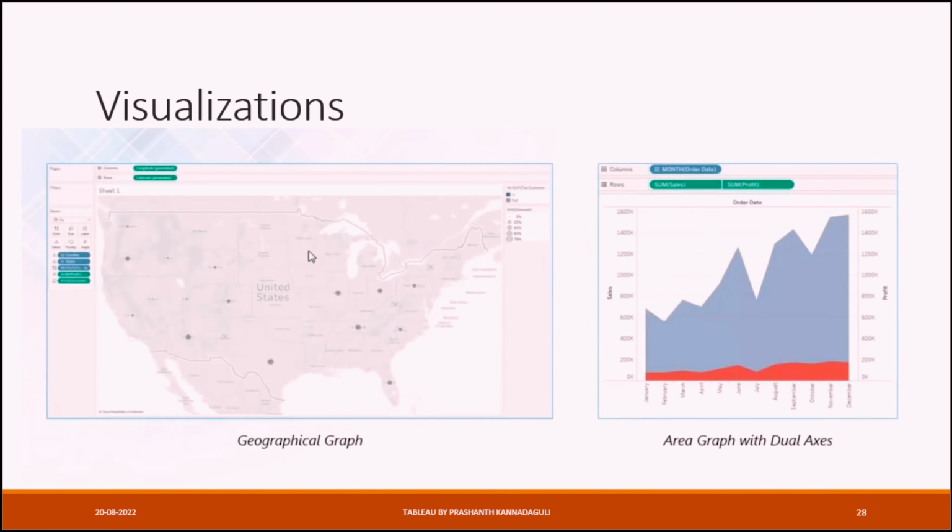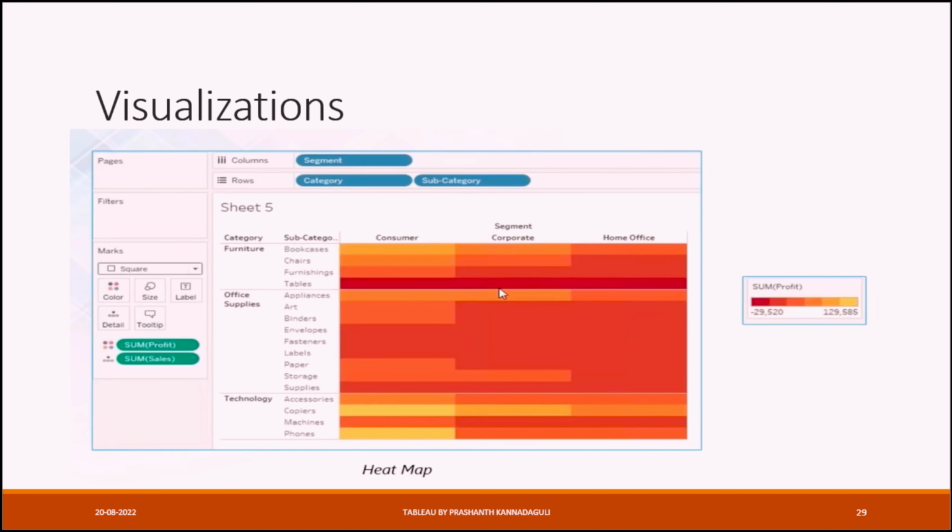If the color over there is more towards red, that means the profit is very less, actually it is a loss. On the right hand side, you can see that there is a scale given. On the rightmost side, it says 129,585, so much profit if you see that color. On the other side, red says minus 29520. That means it's minus, so it's a loss.